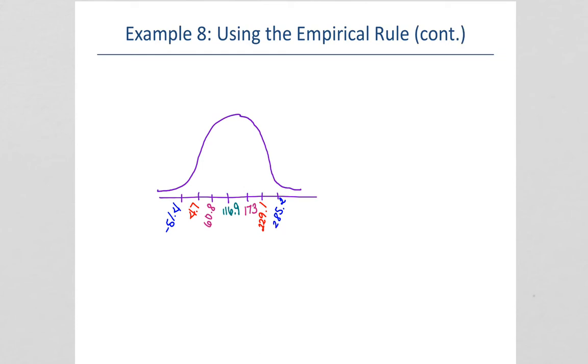Okay, so 68% would be 1 standard deviation from the mean. I know my picture's definitely not perfect here. Then 95% would be 2 standard deviations from the mean.